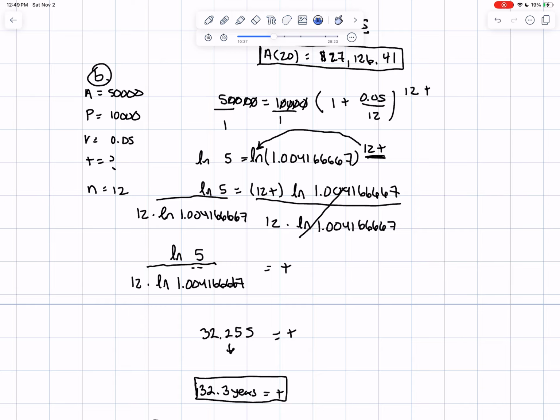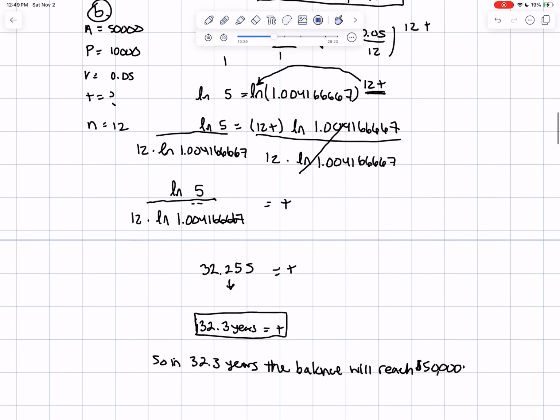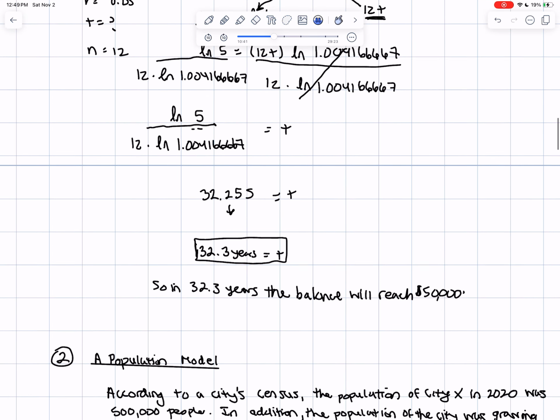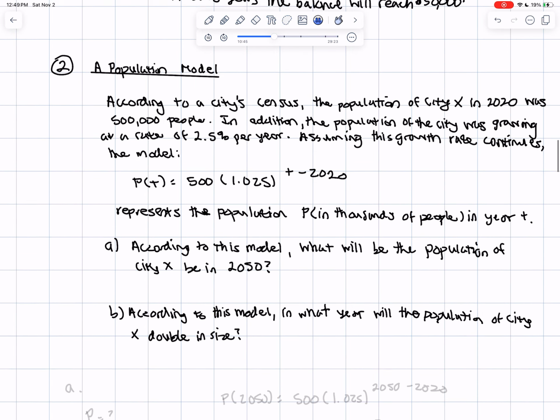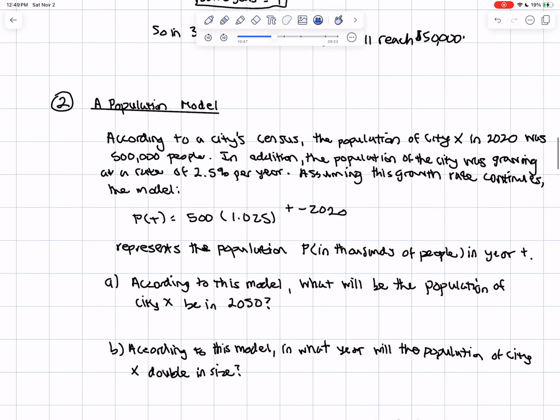So the next one's going to be on population. Okay, so for this problem, we're being asked about the population. According to the city's census, the population of City X in 2020 was 500,000 people. In addition, the population of the city was growing at a rate of 2.5% per year.